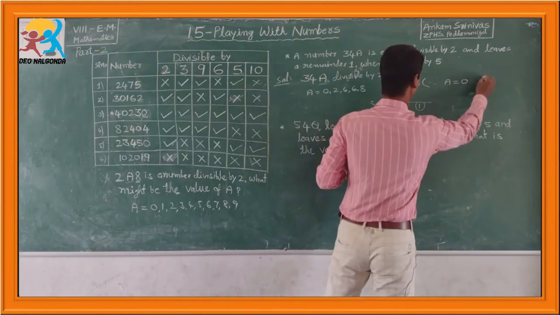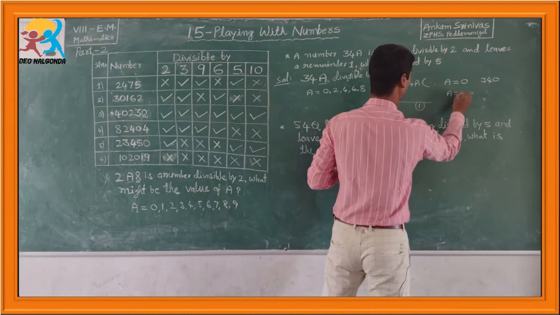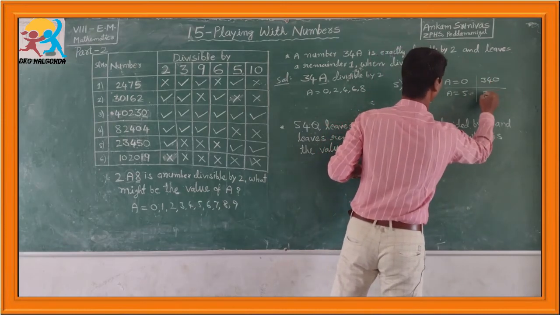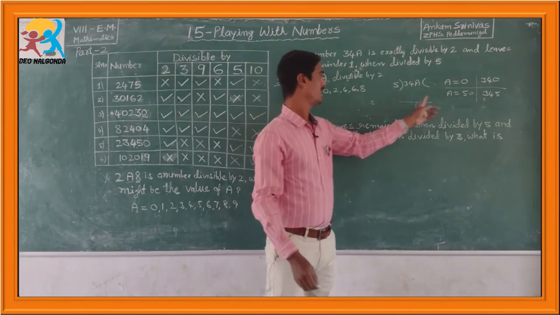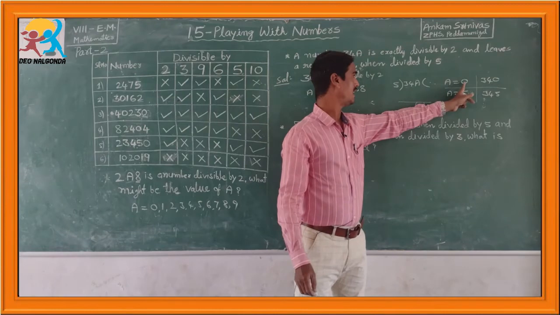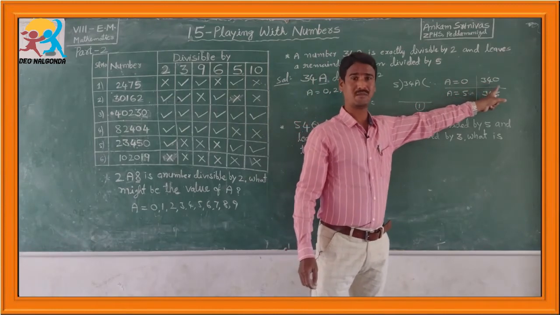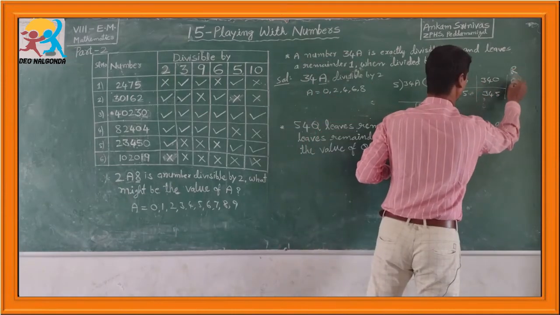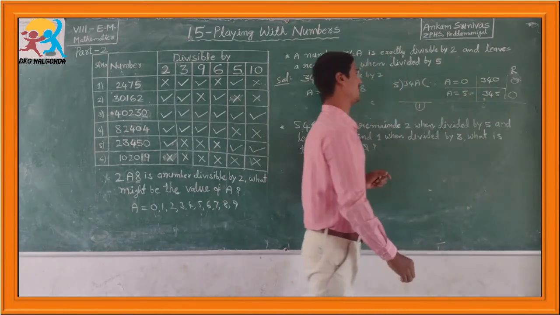That means the number becomes 340. And if I take A equal to 5, then the number becomes 345. When I take A equal to 0, it is divisible by 5, remainder 0. When I take A equal to 5, also remainder 0.